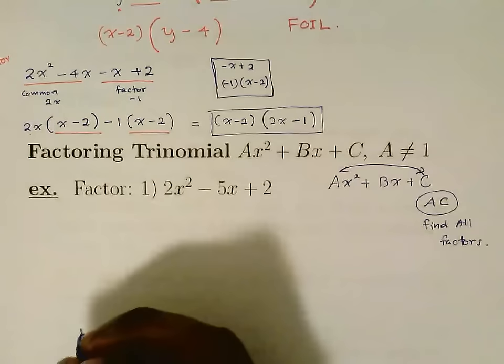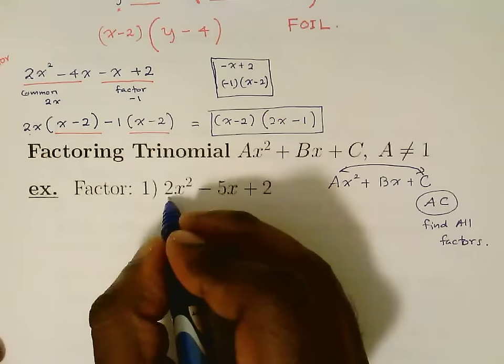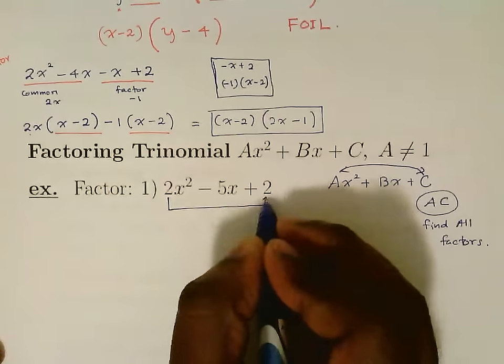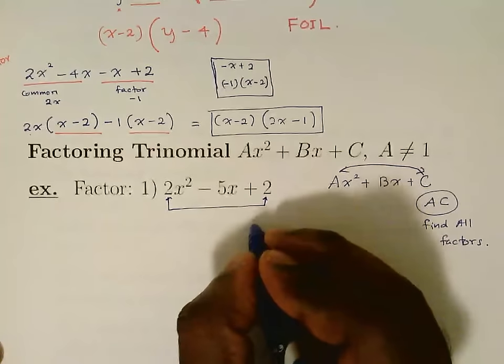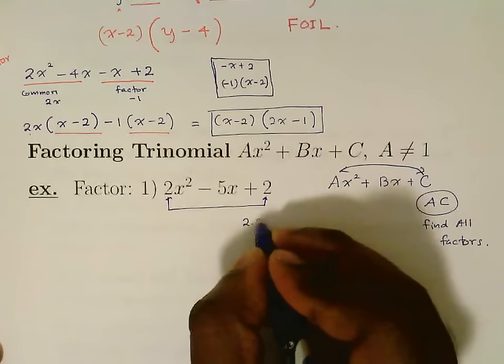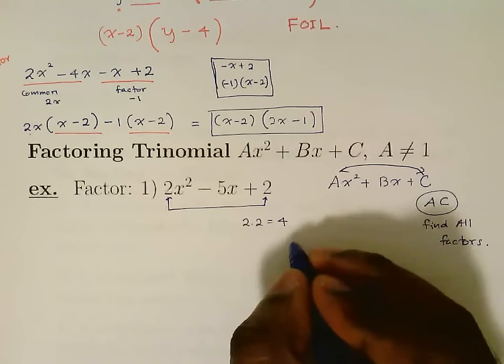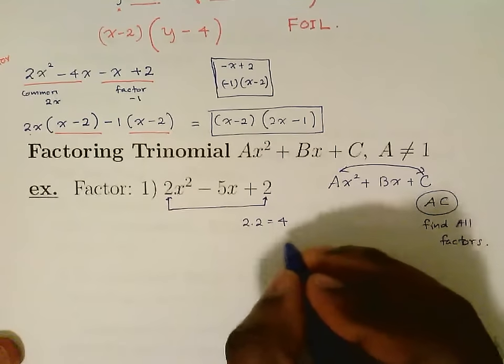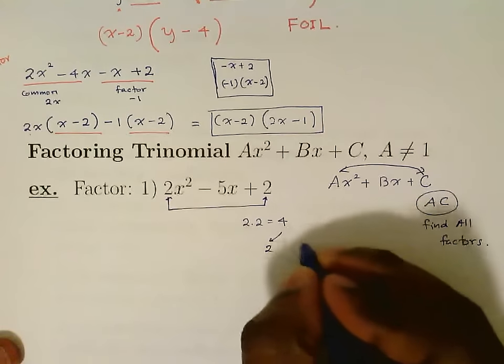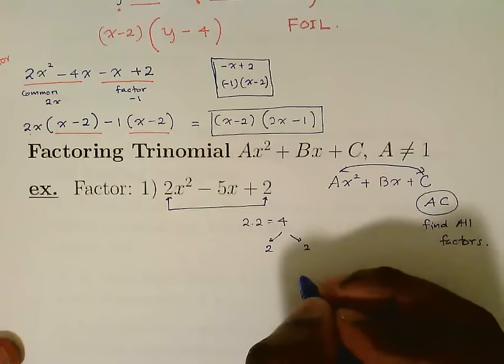Okay, so let's do that here. So I will multiply these two. That is 2 and 2. That's 4. So the factors of 4, different factors, not prime factors, just factors. Factors of 4 are, of course, 2 and 2. That is what we already got.